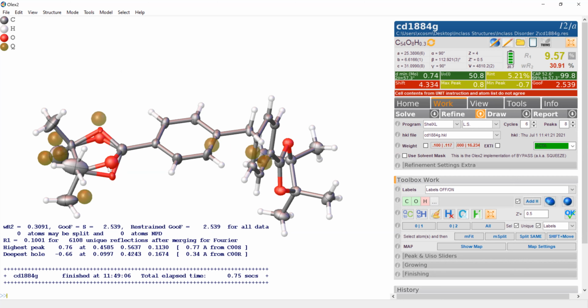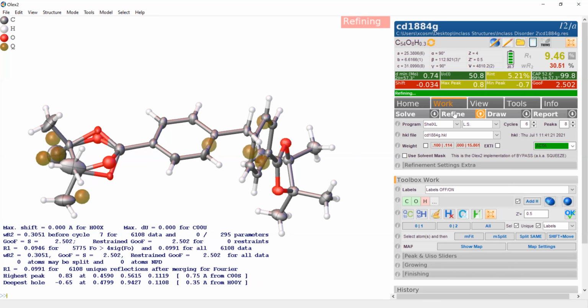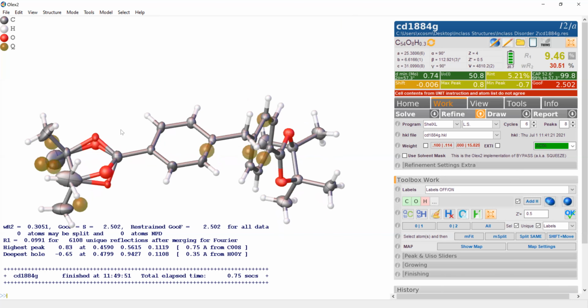So it's like a 60-40 split. And we're converging the shift parameter a little bit faster now that we've modeled that disorder in the oxygen atom.